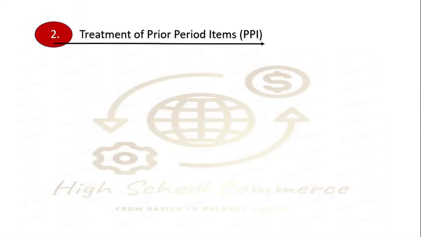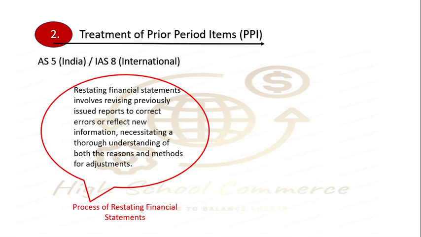Now moving to the next one, that is treatment. What would be the treatment in the financial statement? Accounting Standard 5, Indian Accounting Standard 5 and International Accounting Standard 8 tell that prior period items need to be disclosed separately in the income statement, and because of that you need to restate your prior year financial statement or statements.